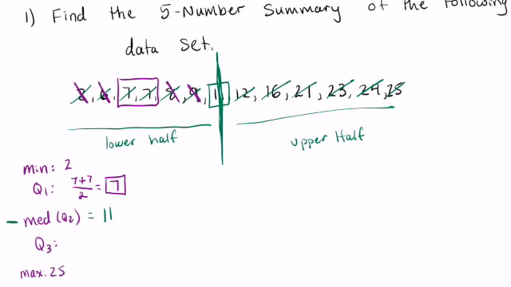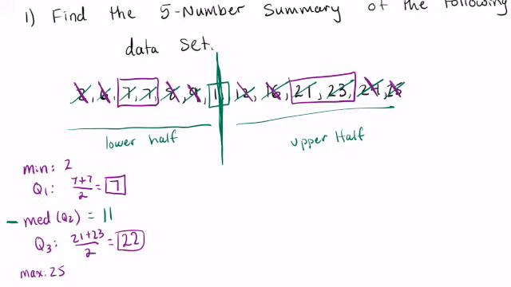So Q1 is 7. And when I want to find the Q3, the median of the upper half, we're going to do the same thing. I cross off, cross off, cross off. And I'm left with 2 numbers in the middle. Well, 21 plus 23 gives me 44. 44 divided by 2 gives me 22.